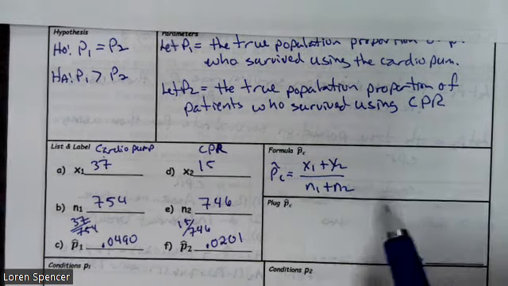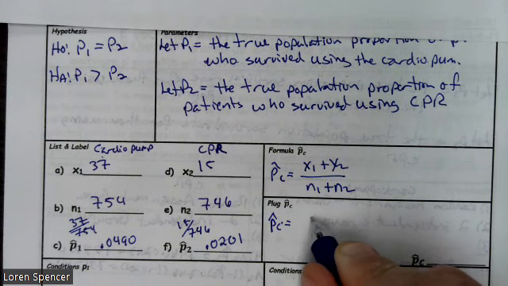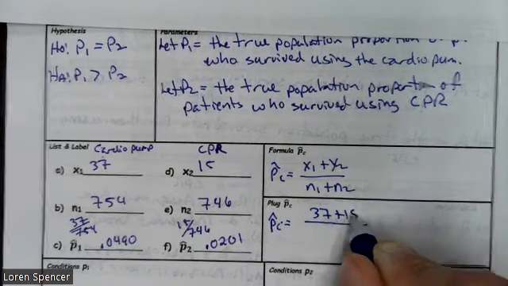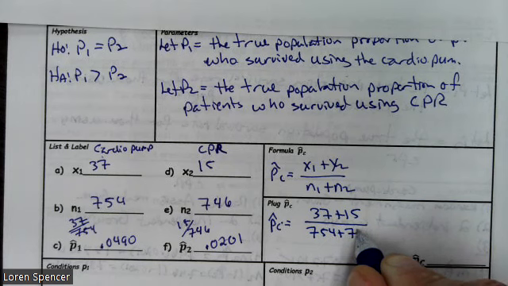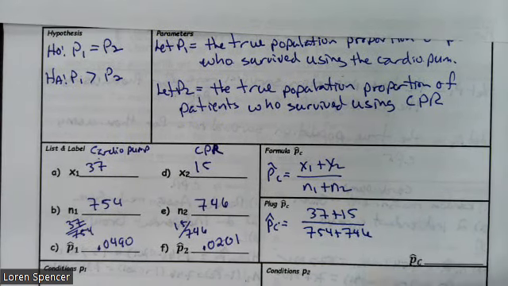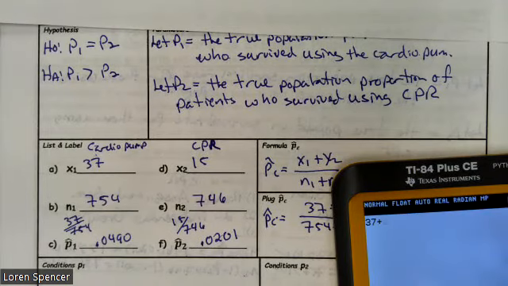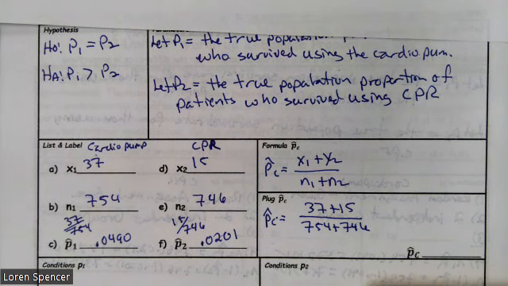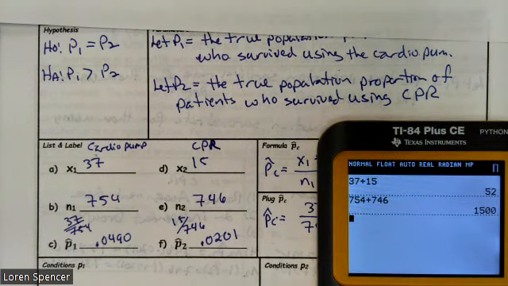We can go ahead and plug in, and we know that P hat C equals a numerator of 37 plus 15 over a denominator of 754 plus 746. So 52 divided by 1500.